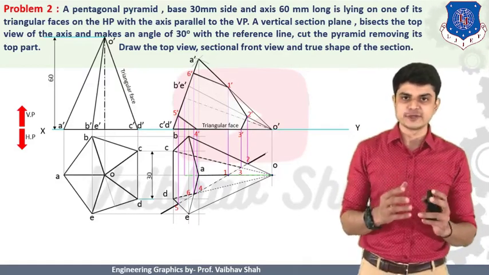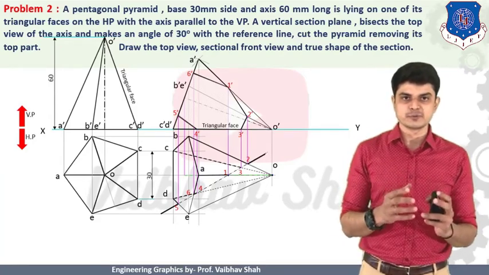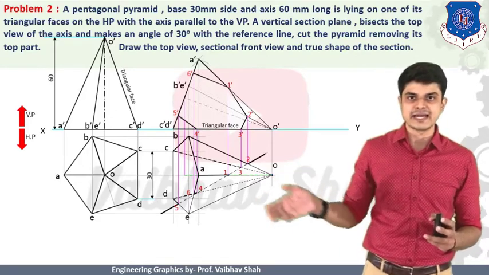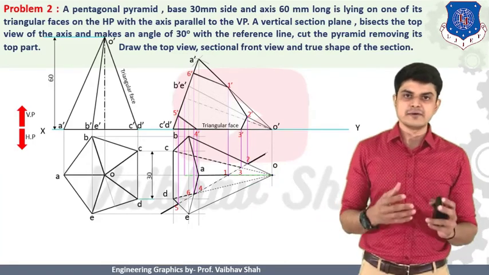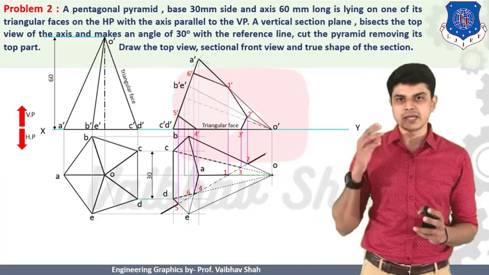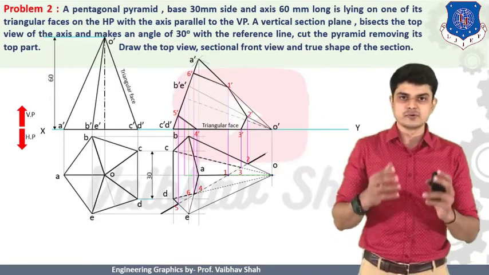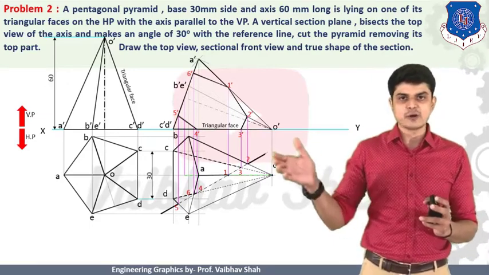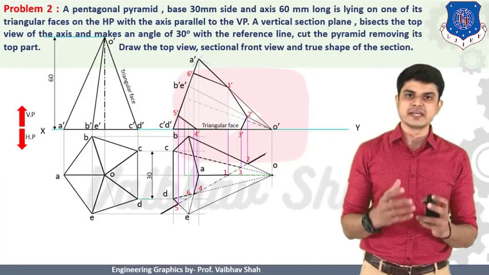Here it is said that you should find out the true shape of section. So how to find out the true shape of section? Here we should draw lines perpendicular to this cutting plane line, and we can find out the true shape of section. But now let us see a different method. We will not be directly drawing the perpendicular lines from your cutting plane line, but rather we will generate one line parallel to the cutting plane line outside the surface of your plane, and from that line we will be generating perpendicular lines.